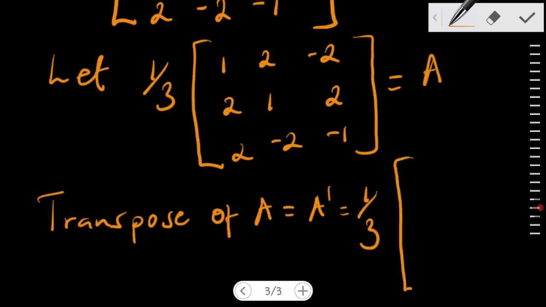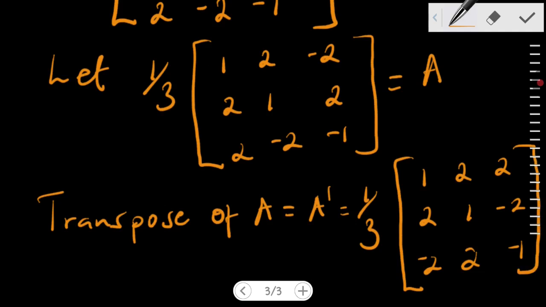Then we have the inner elements as 1, 2, negative 2, then 2, 1, 2, and then 2, negative 2, negative 1. We close this, and this is our transpose.